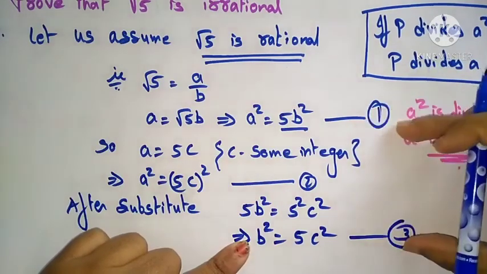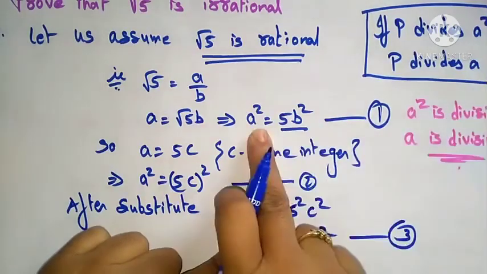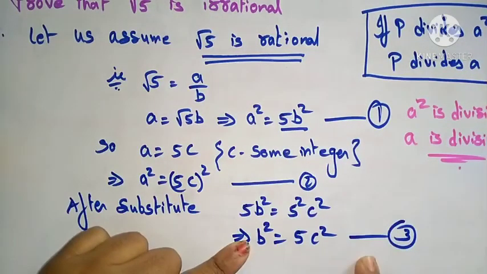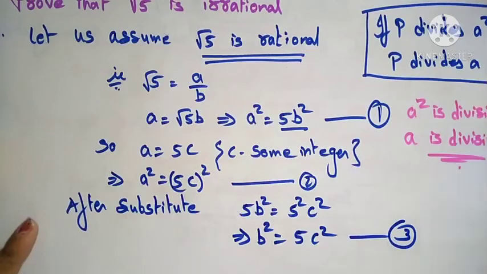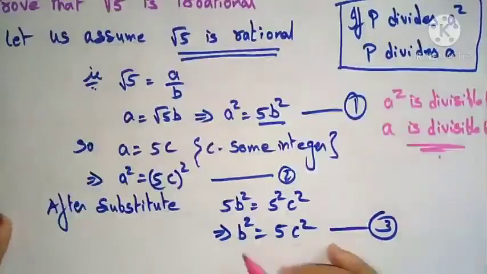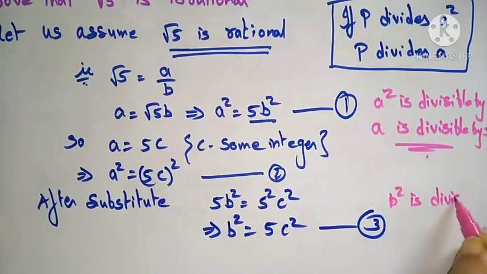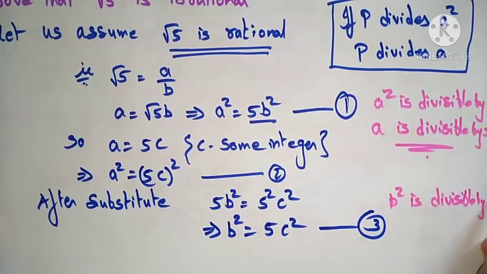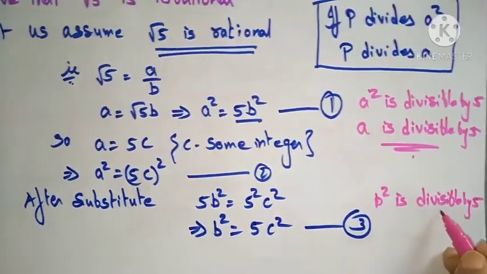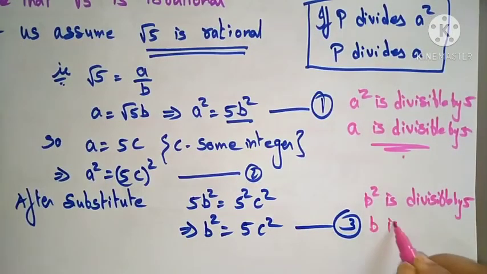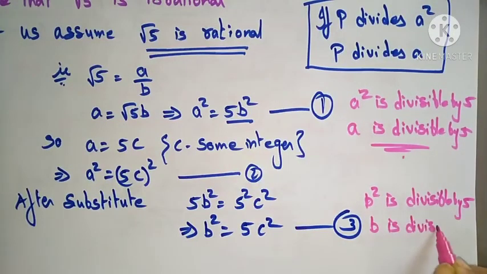By seeing these two equations, what do you observe? a is divisible by 5, b is divisible by 5. Let me write this point. By seeing this equation, what do you understand? b square is divisible by 5. If b square is divisible by 5, then b is divisible by 5 according to our theorem.